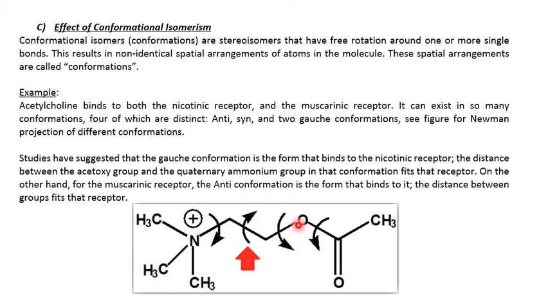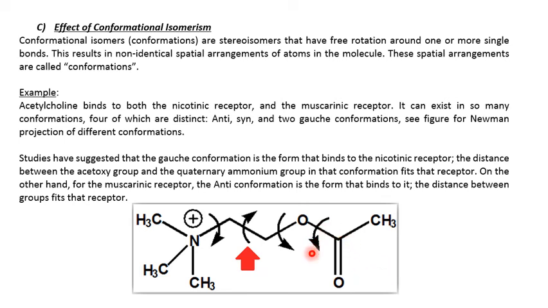We will find that this natural messenger binds to 2 different receptors. One is a nicotinic receptor, another is muscarinic. As we will see in the next slide, studies have shown that the gauche conformation is the form that binds to the nicotinic receptor, because the distance between this quaternary ammonium group, nitrogen, and the acetoxy group would fit the nicotinic receptor.